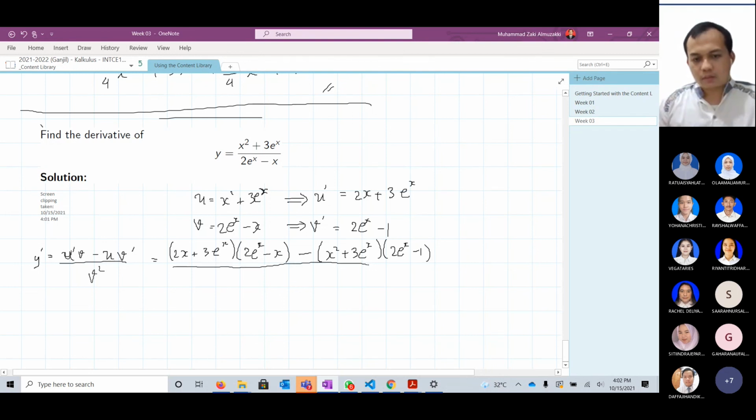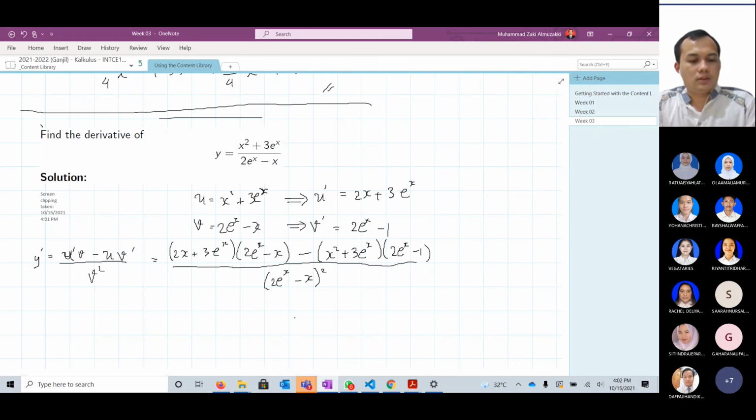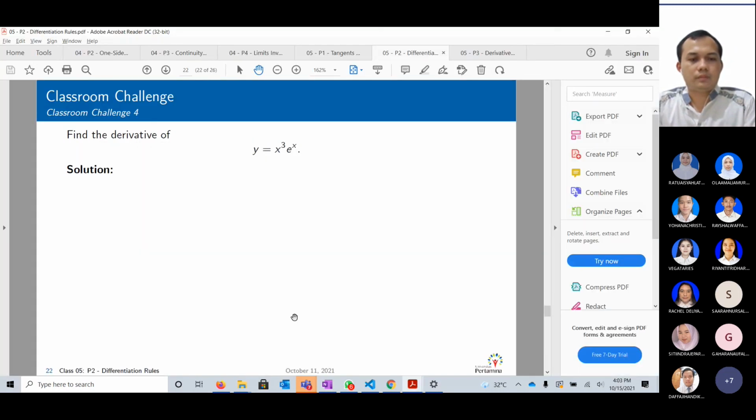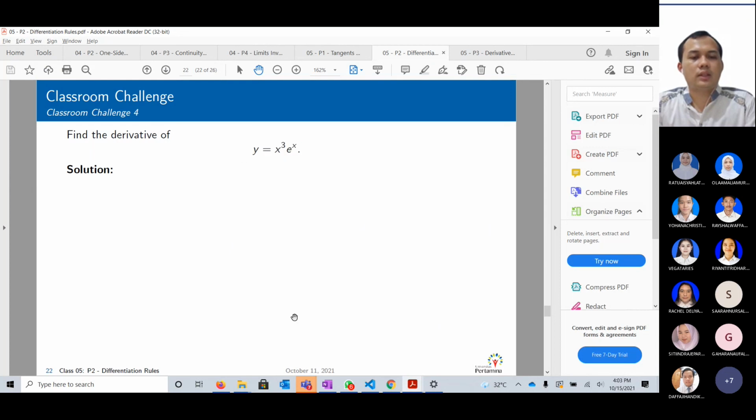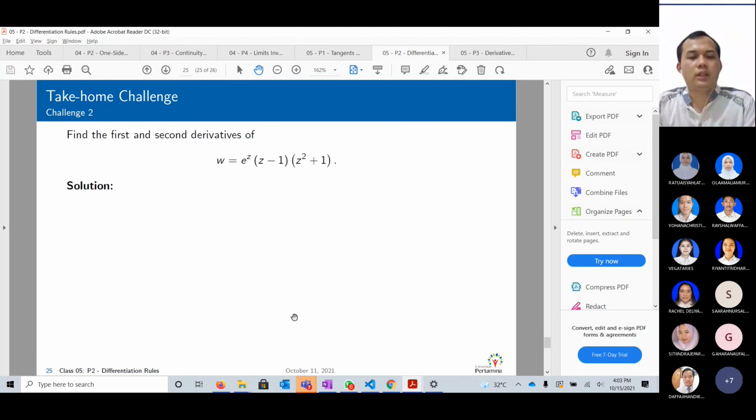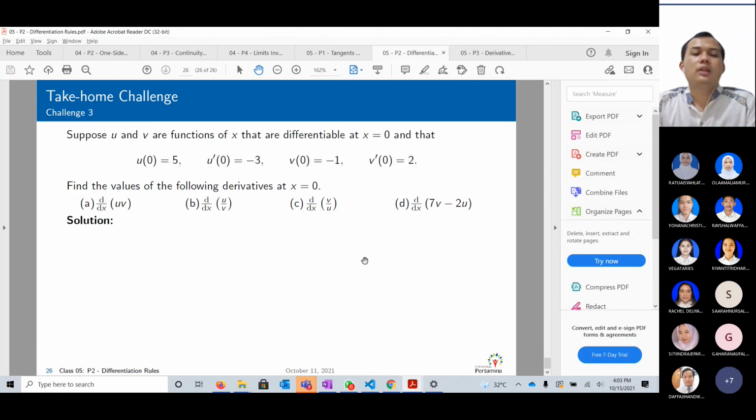We divide all of them with v squared, which is 2e power x minus x squared. So, any question? If not, then you can try to find the derivative of this challenge 4 by yourself. Make sure to try all of this take-home challenge so that you can be safe during the quiz next week.